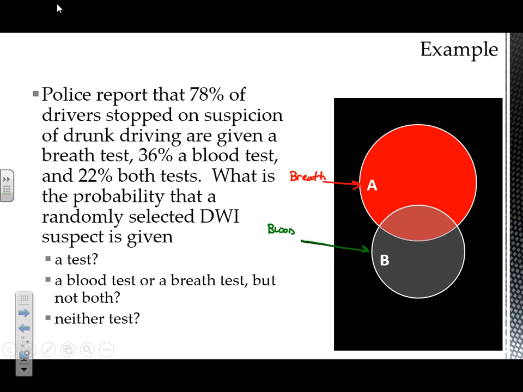And 22% of our outcomes are where the overlap between A and B occurred. So when we go to fill this out, we want to start with the overlap. We're going to work our way from the center out. Okay? So 22% goes in the overlap. There are 22% of drivers who get both a blood and a breath test.